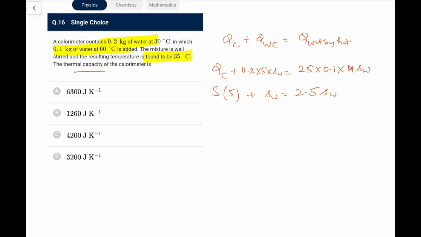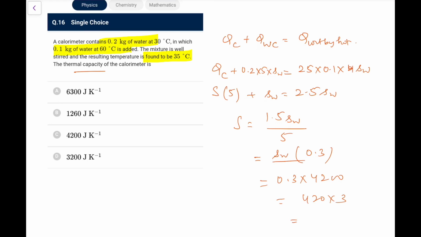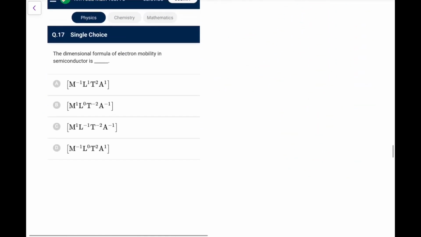So what we have, 1.5 SW by 5, that is capital S, equal to SW into 0.3, and 0.3 of SW is 4200 approximately. So 420 into 3 comes out as 1260 joule per Kelvin. So you can go for B. So it's again a nice question. If you practice this calorimetry one, you can do this.